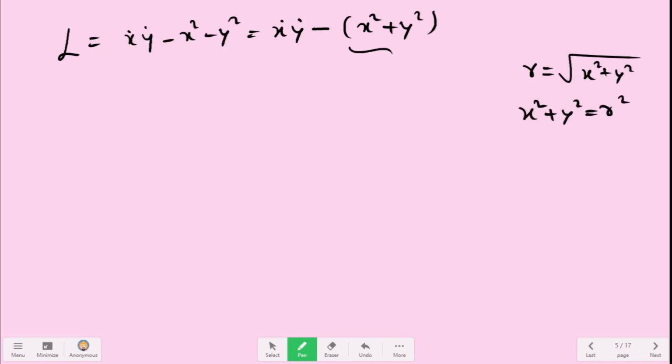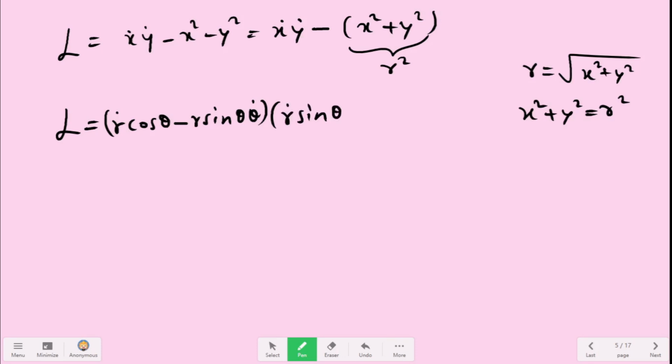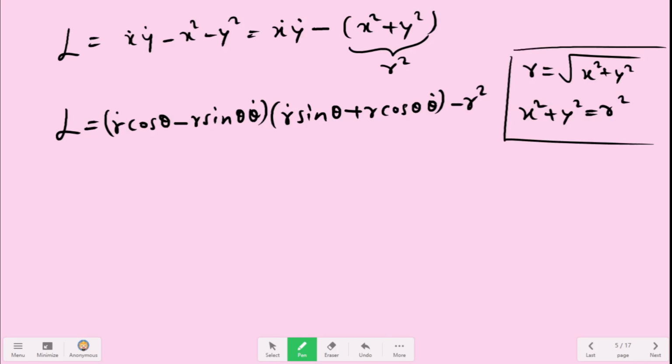So this thing right here is r square. L is equal to x dot, which is r dot cos theta minus r sin theta theta dot, times y dot, which is r dot sin theta plus r cos theta theta dot, minus r square. This is the Lagrangian.